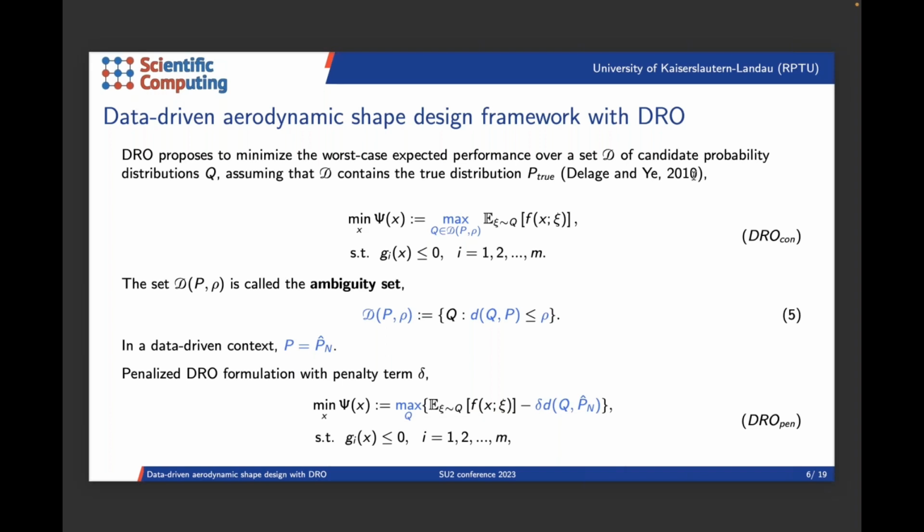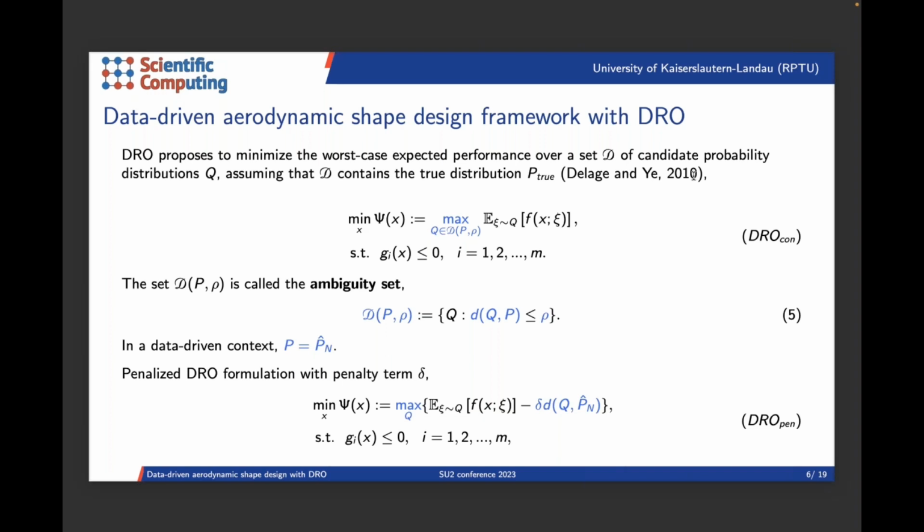First, the D is called the ambiguity set. The common way to define it is in this equation 5. So the P here is the nominal distribution or reference distribution. Rho here is the radius. And small letter b is the distance measure between two distributions. So the ambiguity set contains all the distributions whose distance to the nominal distribution is smaller than the radius rho.